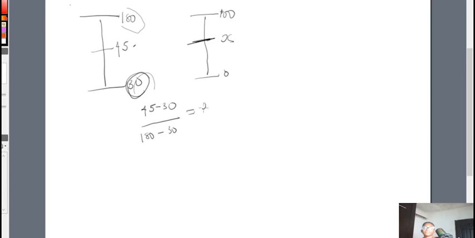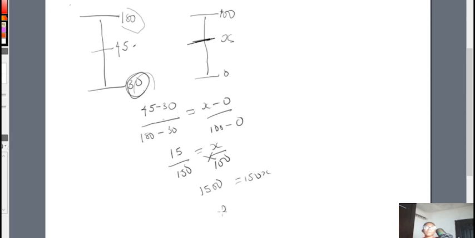So x minus 0 is equal to 100 minus 0. So 45 minus 30 is 15 divided by 150, and that will give us x divided by 100. So cross multiplying, we have 1500 is equal to 150x.